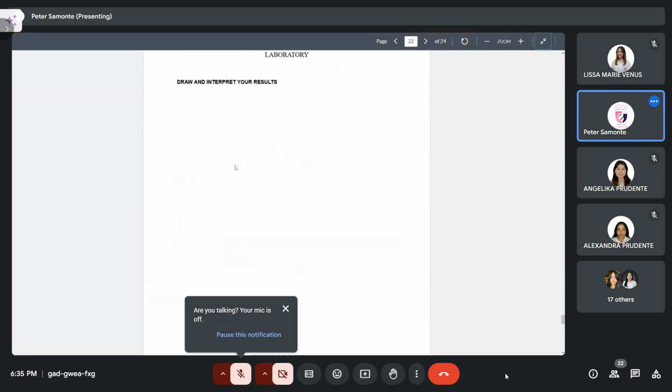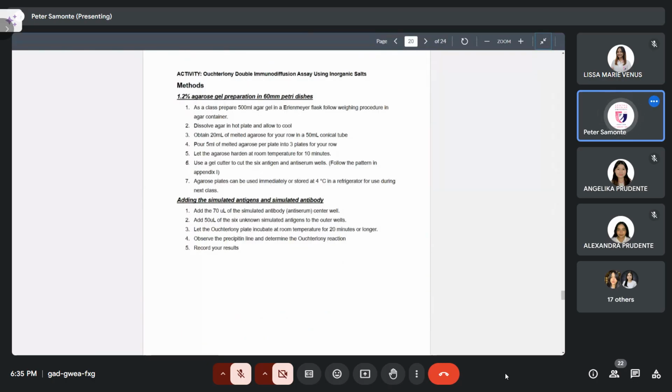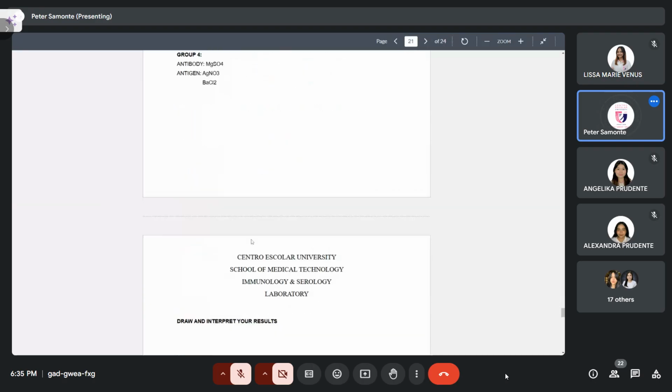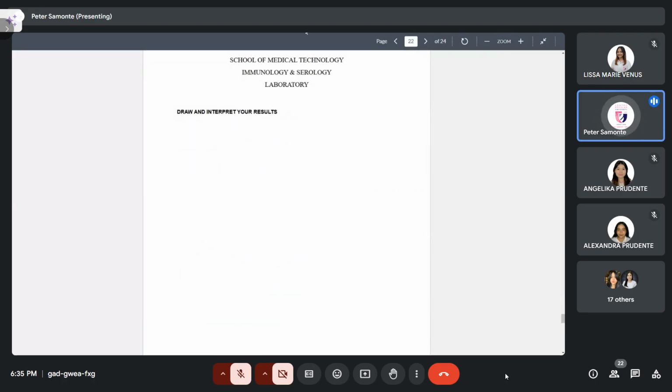Okay. Dito sa draw and interpret ng result, class, you're going to draw the 3 possible results in an Ouchterlony double immunodiffusion assay. So ulitin ko, ha, dito sa draw and interpret your result, you're going to submit or you're going to draw the 3 possible results in the Ouchterlony method. Okay? Ang deadline niyan would be on the exam day.